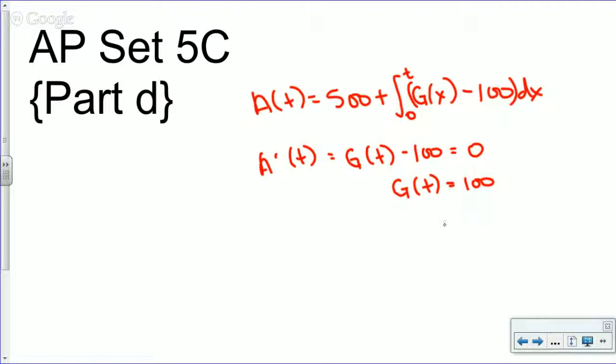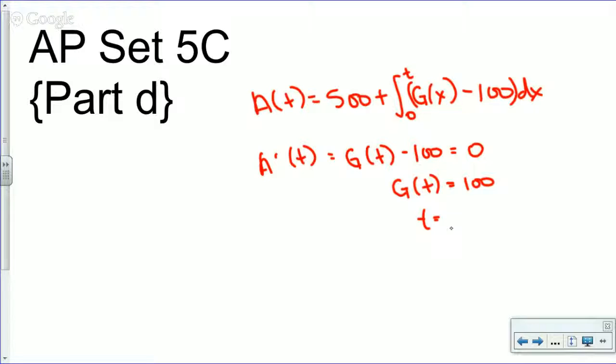Okay, and then go ahead and graph g of t as y1 and 100 as y2. Be sure you're setting your window from 0 to 8 on your x's and at least up to 100 on your y's. Probably more like 120 or so. And then see where those intersect. Okay, those only intersect at one point, and I want you to go find that.